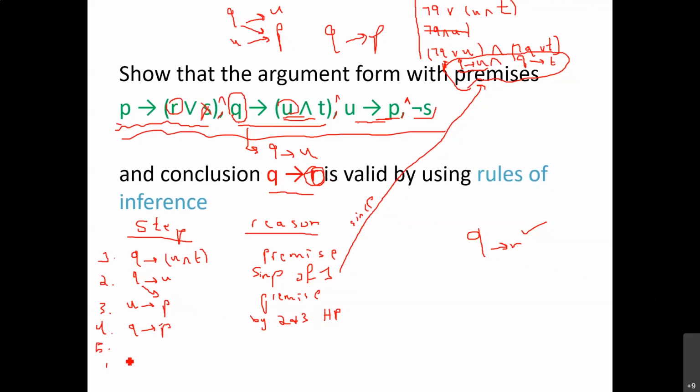So step 5, I'll just write it. P implies R or S. We know, by the way, that or is stronger than implication. So the brackets aren't necessary, but it's nice to have them to better understand it. So this is a premise.